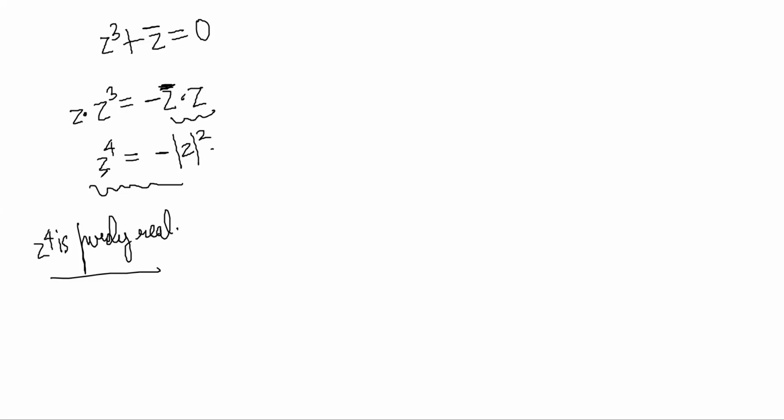So z power 4 is negative. We can just say z is equal to minus 1 to the power 1 by 4, fourth rooting both of them.